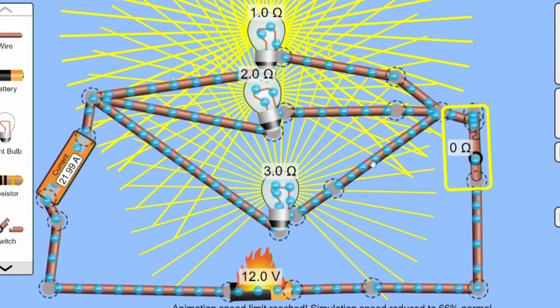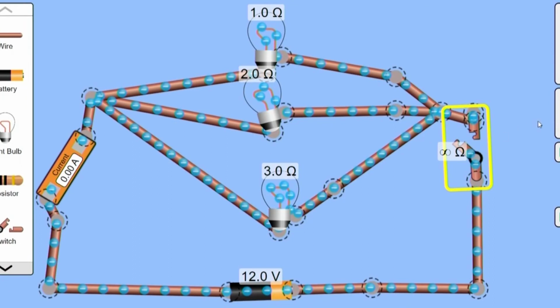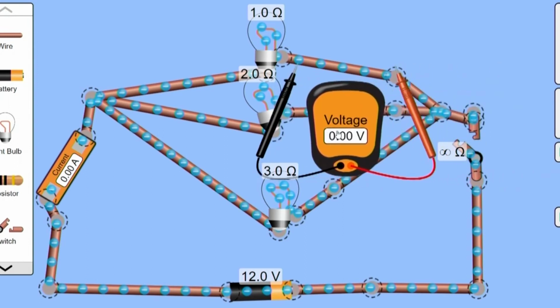So in series circuit, the potential difference was varying, earlier we have seen that activity. Now what we need to observe is the potential difference at each resistor. Yes, children, as you can see, now we shall measure it across the 1 ohm resistor.